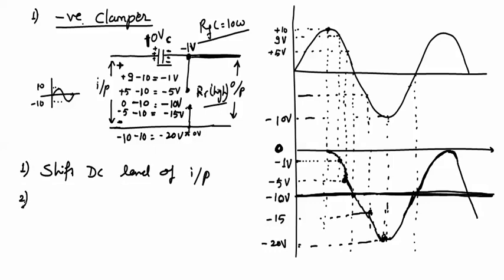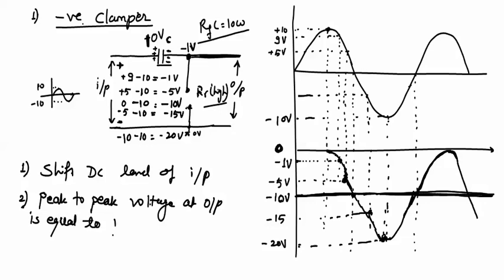Next, number 2, peak to peak voltage at output is equal to peak to peak voltage at input, means the peak to peak of the output waveform will be the same as the peak to peak value of the input waveform.